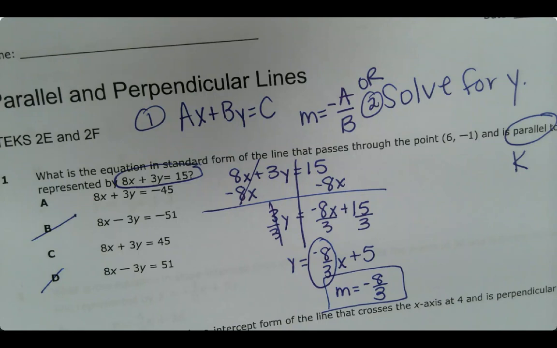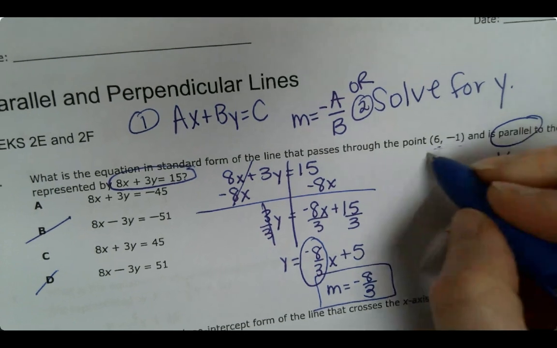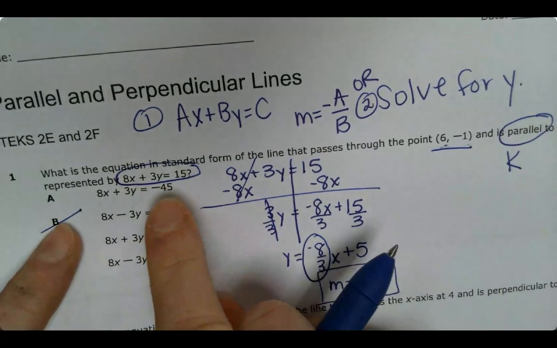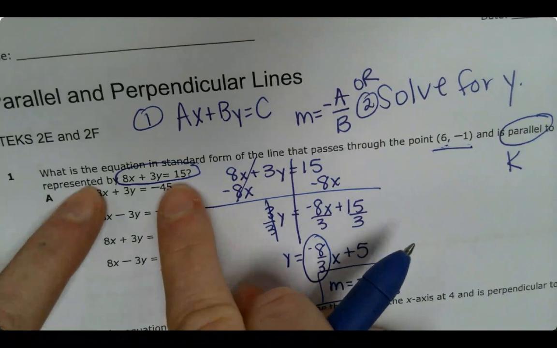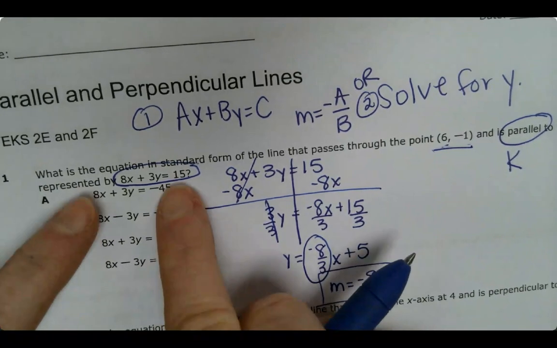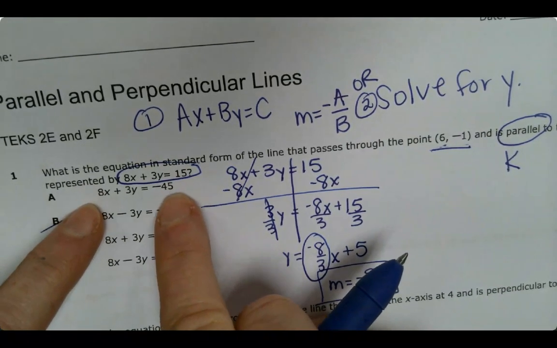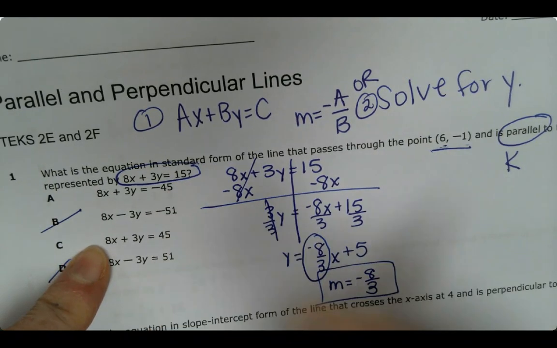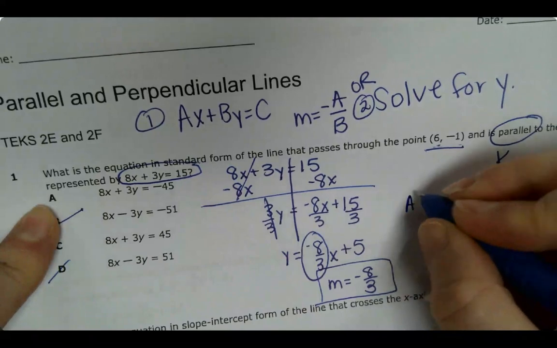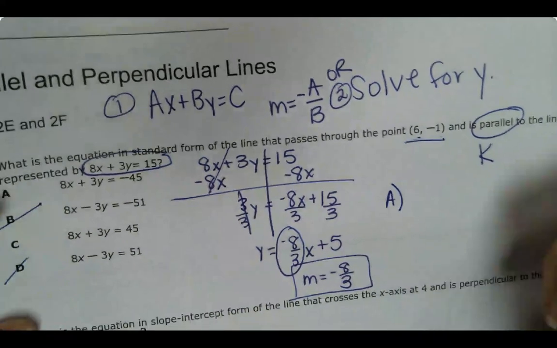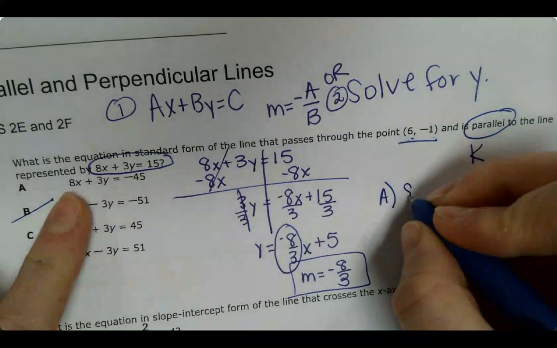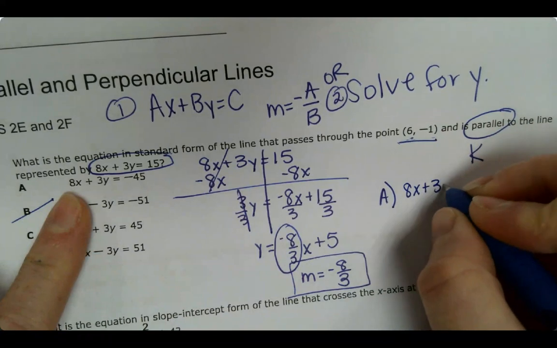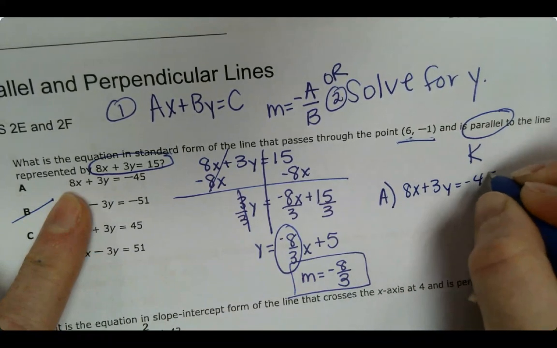So step 4, type the possible answer choices into y equals, see which one goes through this point. Well, we can't put these into y equals because they're not written as y equals. But look at how they're almost the same thing. The only thing different is this says a negative 45, and this says positive 45. So we're going to solve answer choice A. We have 8x plus 3y equals negative 45.